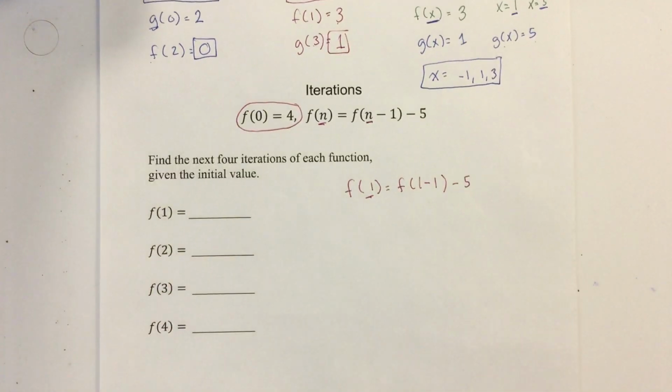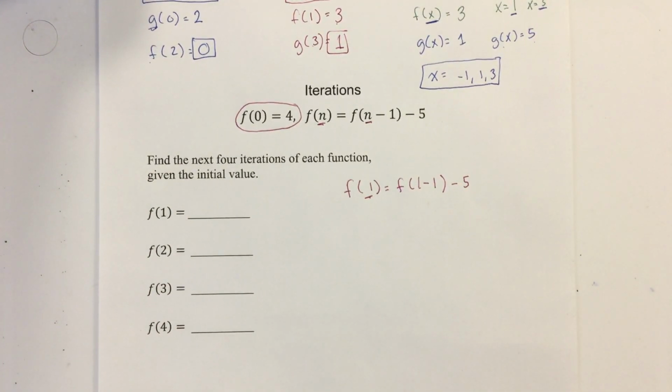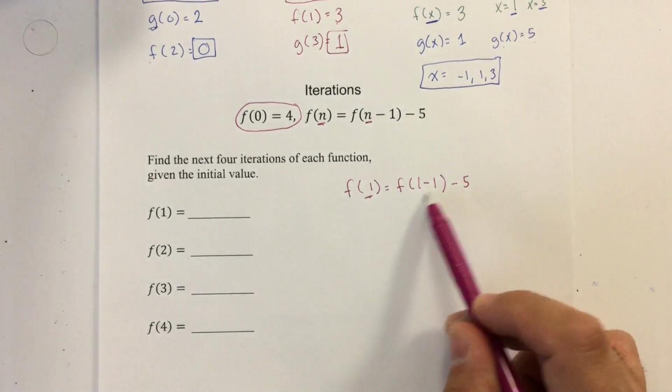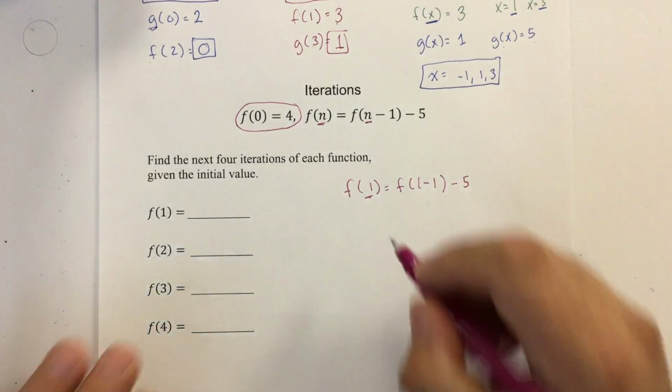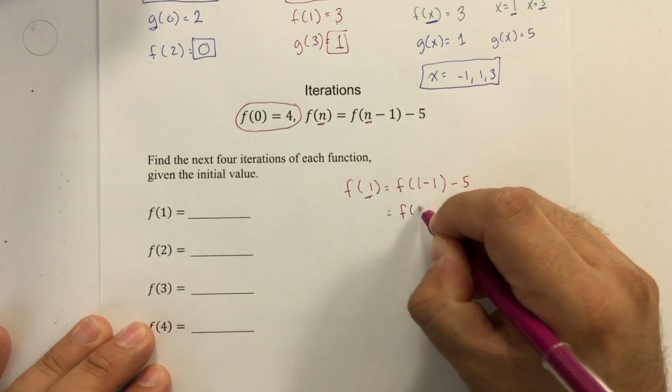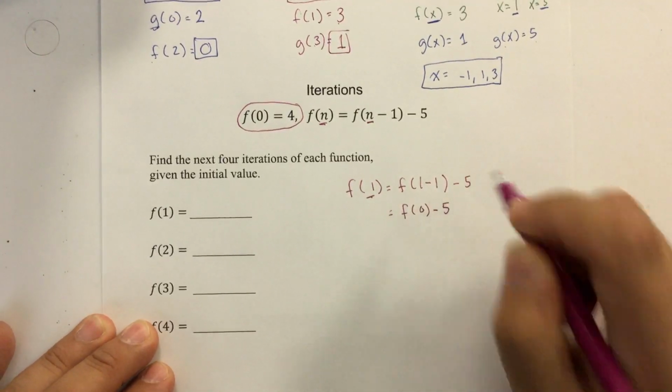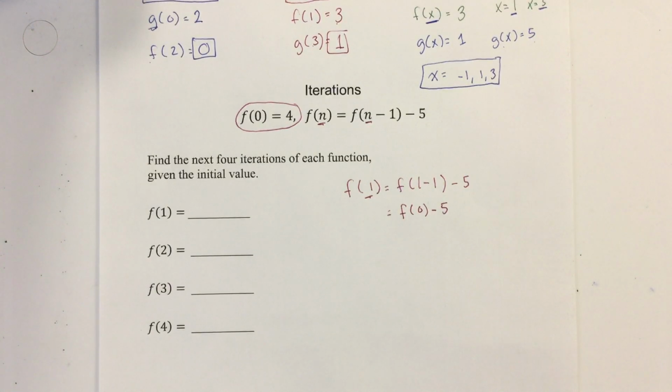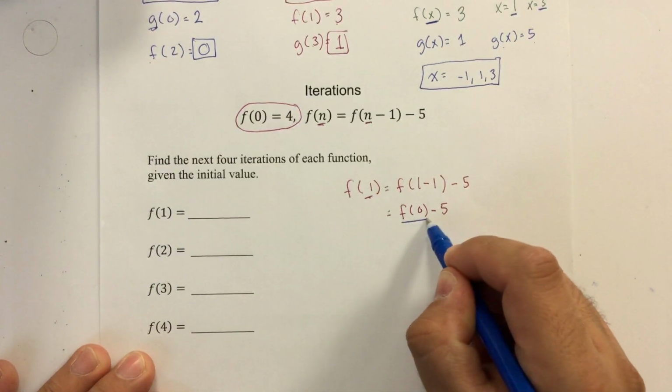Let me know if you get confused. If you do, say something, but if not, I'm going to continue. Is everybody okay with what I've done so far? What's 1 minus 1? 0. So now we have f of 0 minus 5. All good? Well, here's where you've got to understand. We know what f of 0 is.